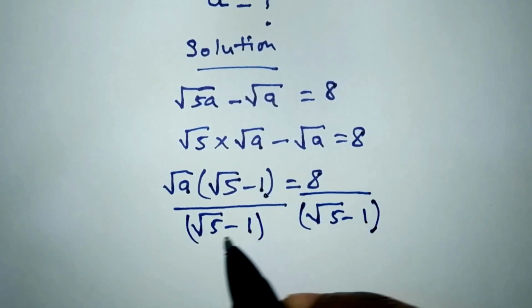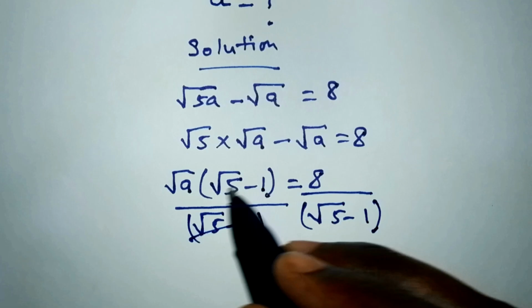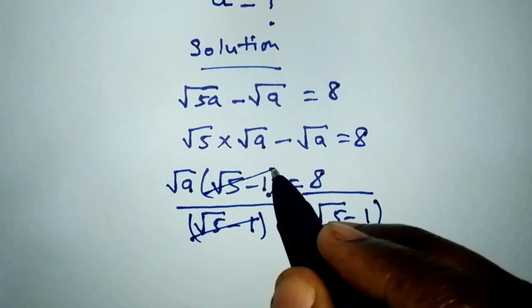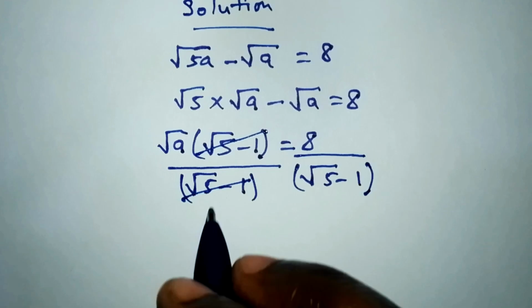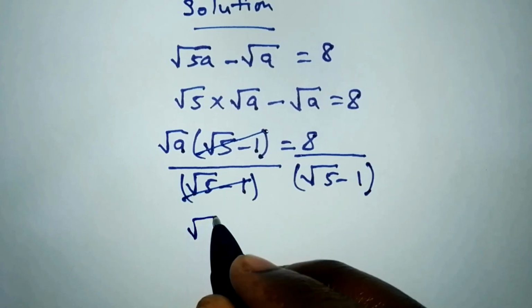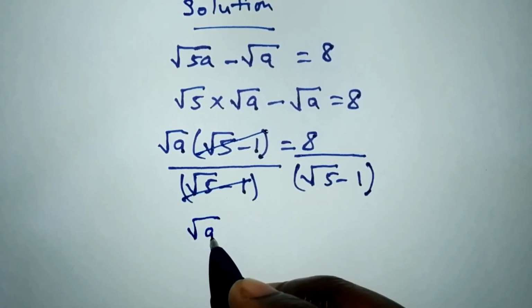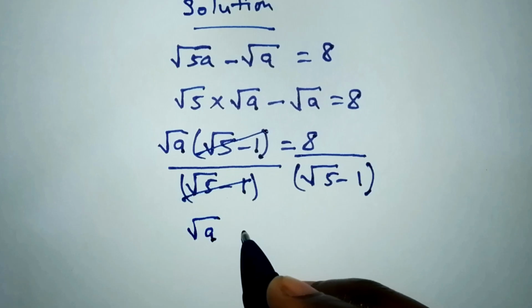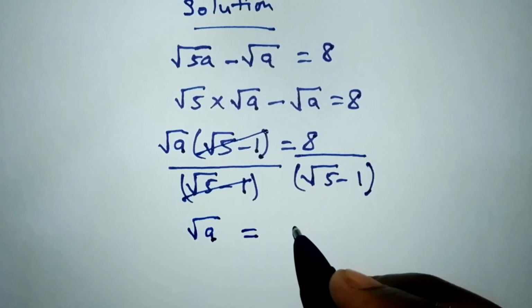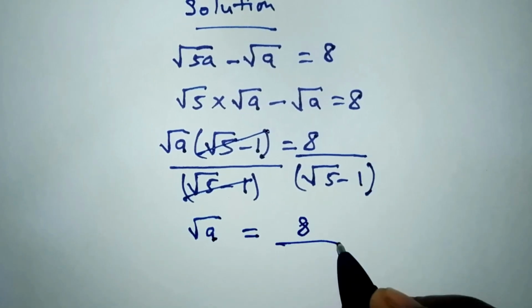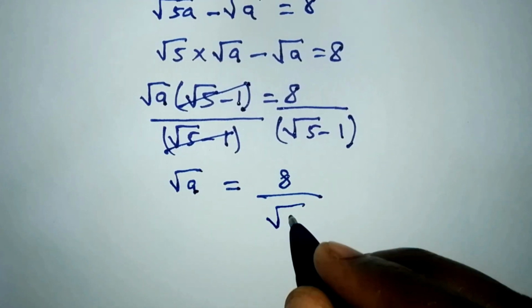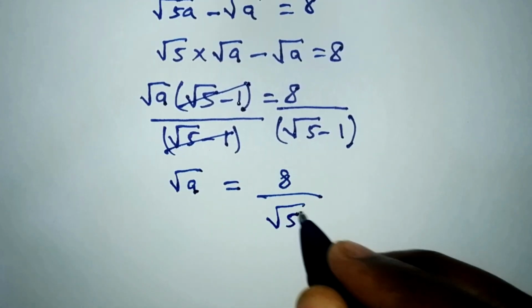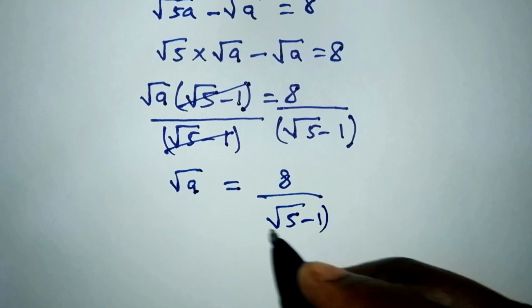Square root of 5 minus 1 cancels square root of 5 minus 1 here, giving us square root of a equals 8 over square root of 5 minus 1.